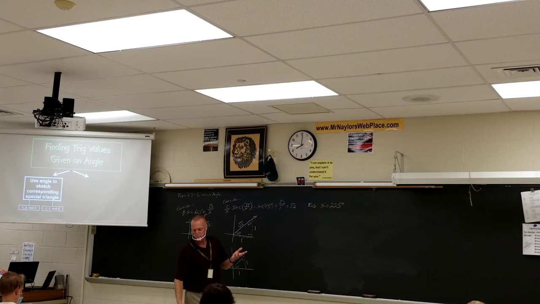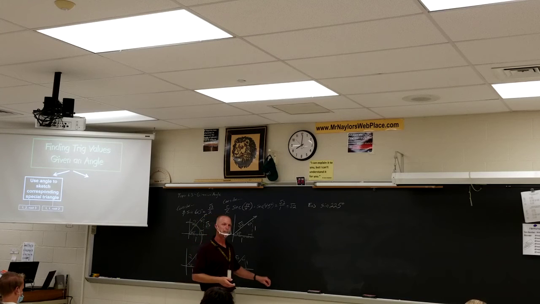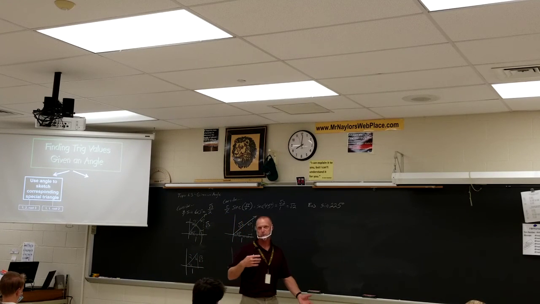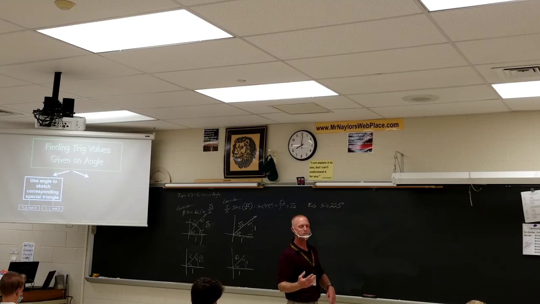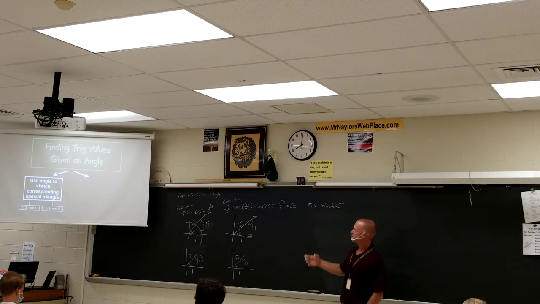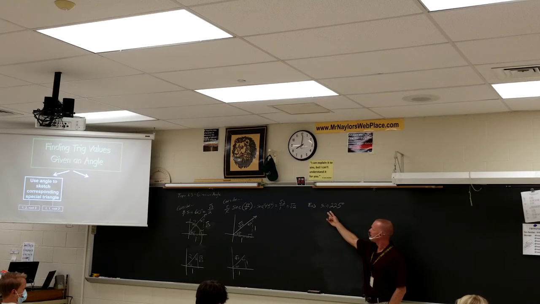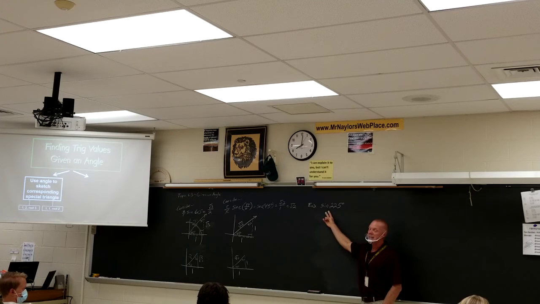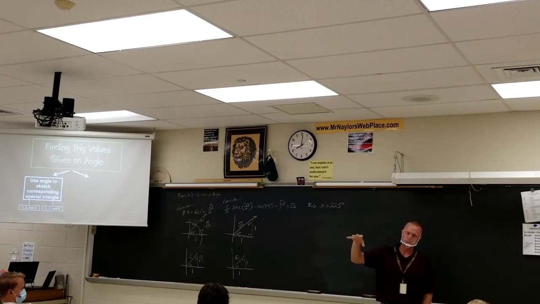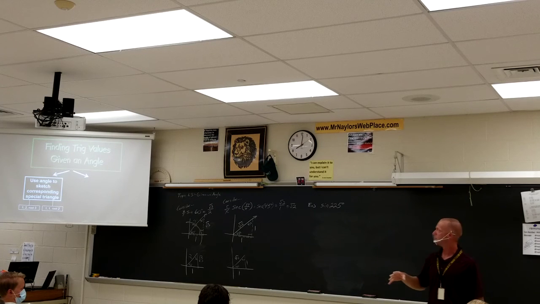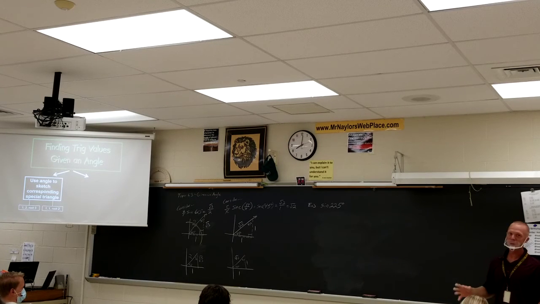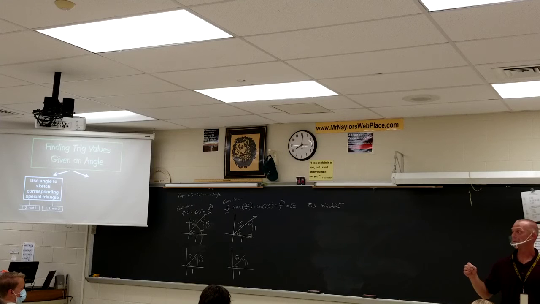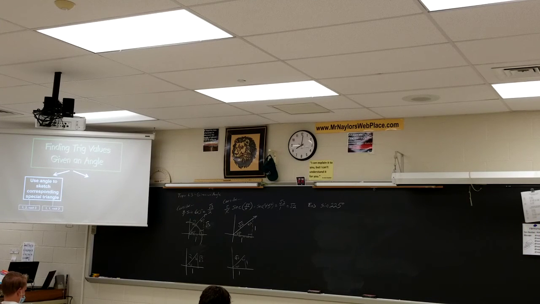Also, again, as I asked you, what are you guys thinking? Sometimes kids will say, what if you ask us to do tangent? I could ask you to do any trig function. So just because I'm saying the sine of 225, it's not the sine that's most important. It's the 225. Because I could ask you to do the cosine of 225. I could ask you to do the cotangent of 225. So let's focus on 225.